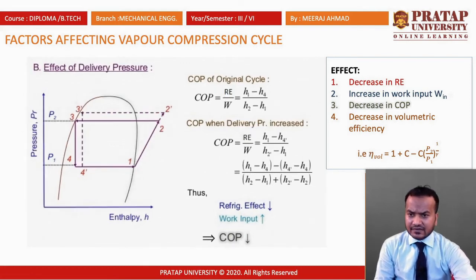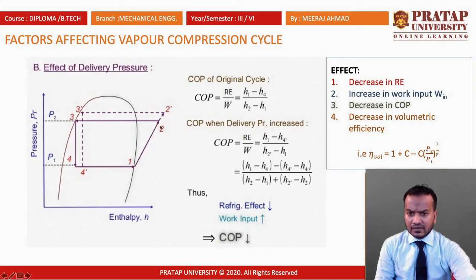Now come to the second effect, when we increase the delivery pressure, meaning the condensation pressure. So 1, 2, 3, 4 is the original cycle, and 1, 2 dash, 3 dash, and 4 dash is after increasing the condensation pressure. You can see here the refrigerating effect should be decreased as compared to the original cycle.